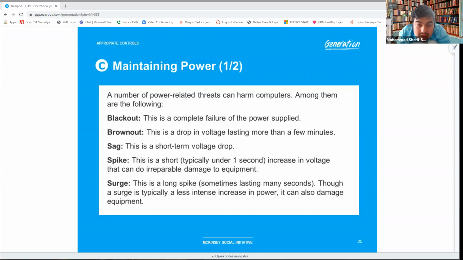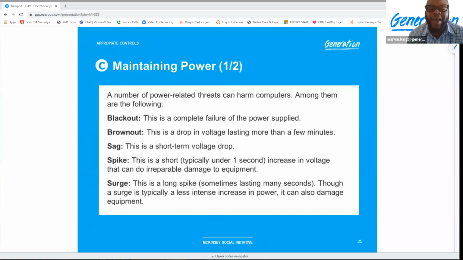This is a short, typically under one second, increase in voltage that can do irreparable damage to equipment. Surge. This is a long spike, sometimes lasting many seconds. A surge is typically a less intense increase in power. It can also damage equipment.